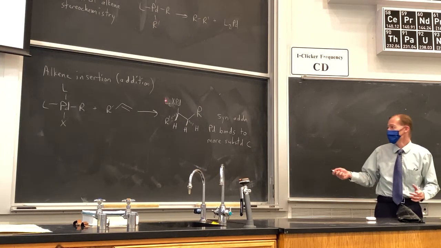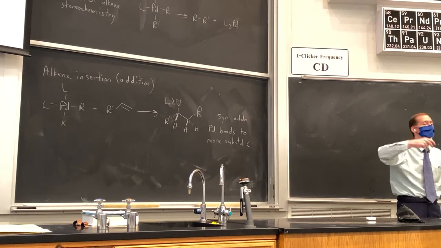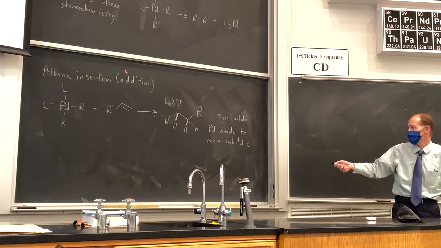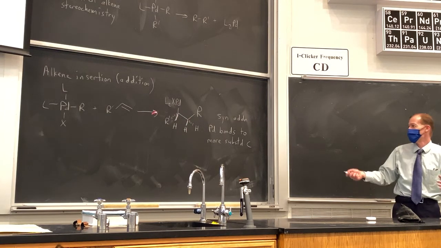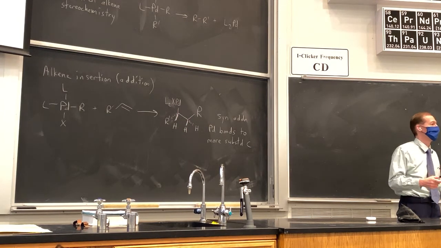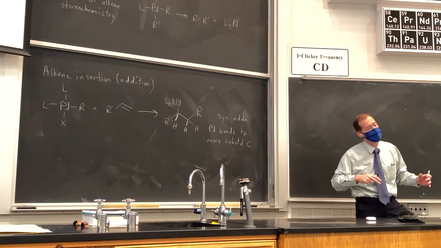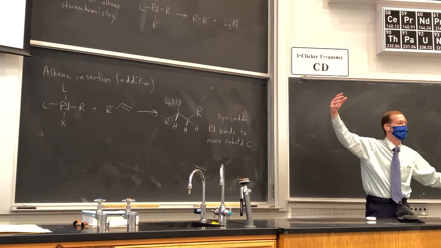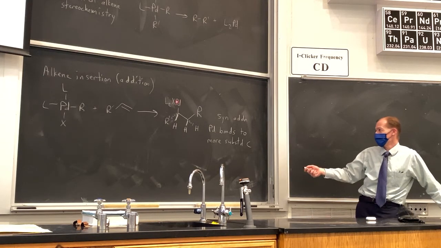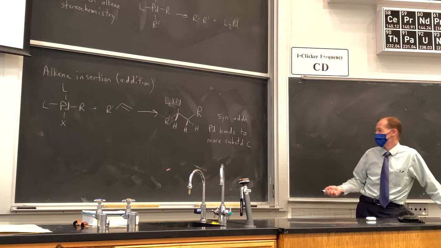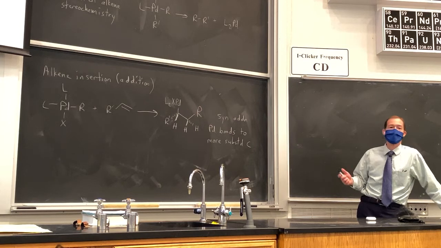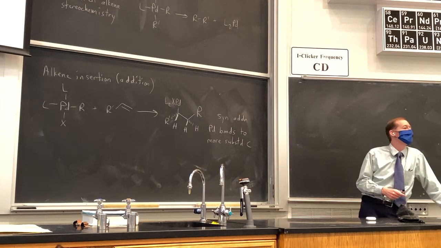So the distance, and then the palladium ligand bonds are also really long. So these ligands are pretty far removed from this more substituted carbon. So palladium bonds to the more substituted carbon of the alkene because that bond is very long, and so it's actually much further away from the more substituted carbon than that R group is from the carbon it attaches to.